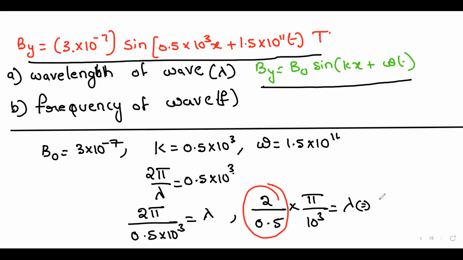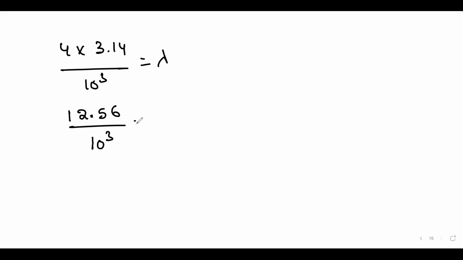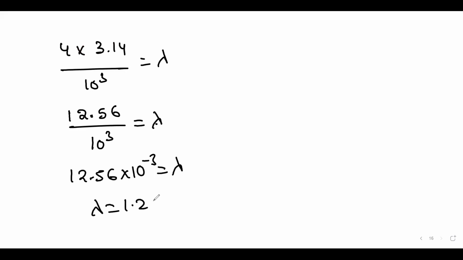It is 4. So 4 pi by 10 power 3 is equal to lambda. What is pi? 3.14. So 12.56 by 10 power 3 is equal to lambda.